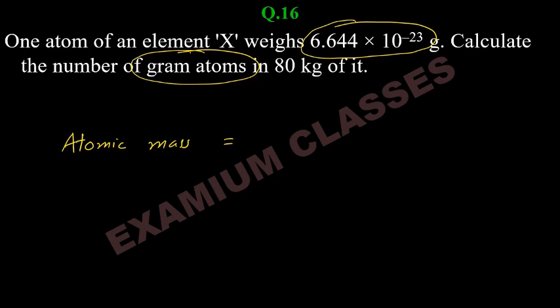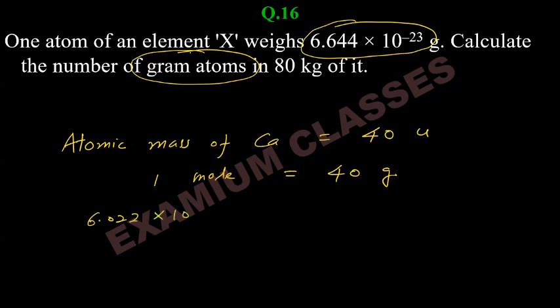So if I say atomic mass of calcium, this is just for example, calcium is 40 U. That will give you answer that 1 mole will be equal to 40 grams. Means 6.022 into 10 power 23 atoms mass total will be 40 grams. This is something you know. You will apply this knowledge here.